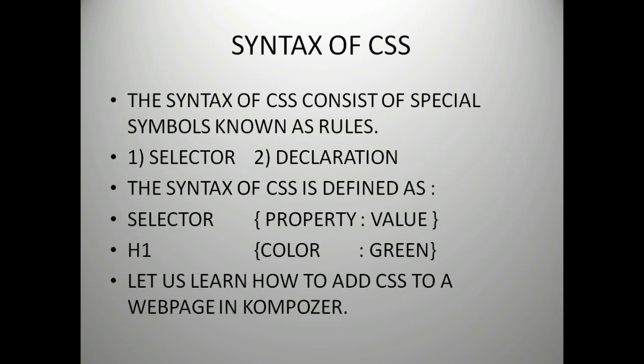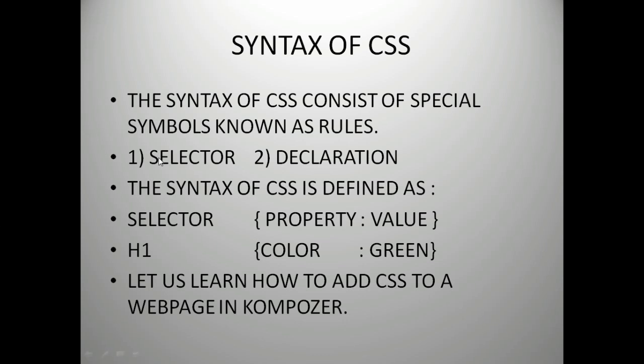Syntax of CSS. The syntax of CSS consists of special statements known as rules. A CSS rule has two main parts, that is selector and declaration. The selector is the HTML element on which you want to apply the style, and the declaration consists of a property associated with the HTML element used in the selector and its corresponding value.